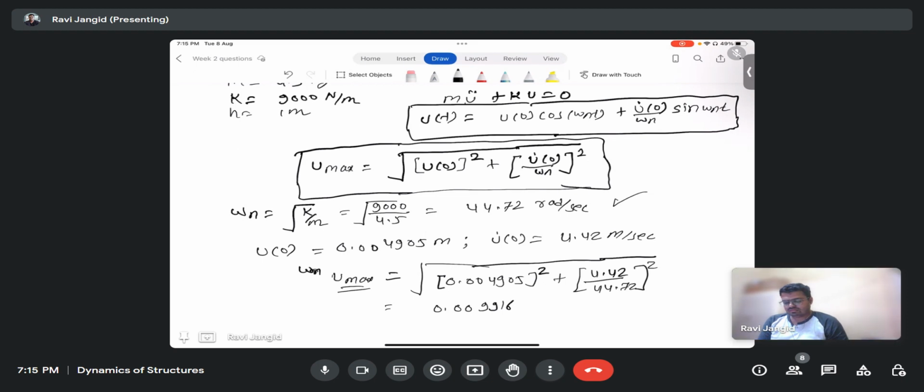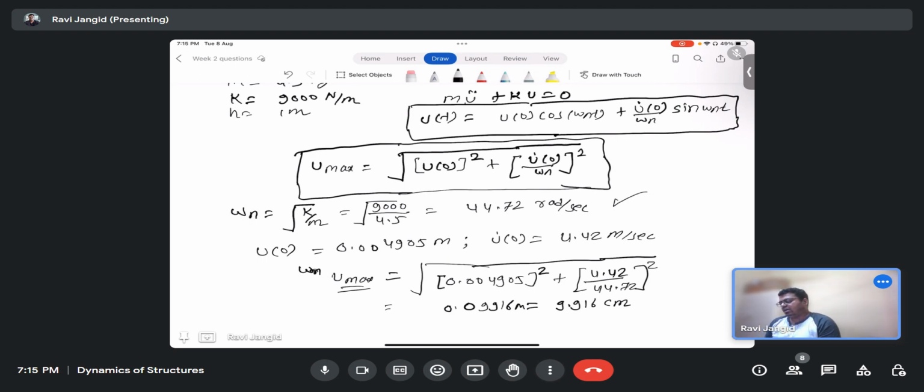Yes, it is correct. Under root 0.009916. This is in meters, so that will become 9.916 centimeter.